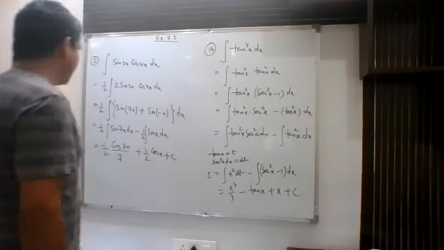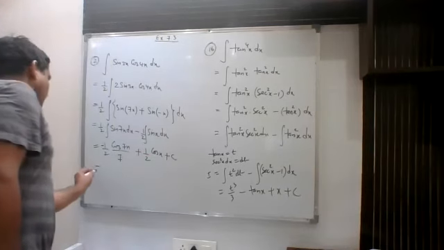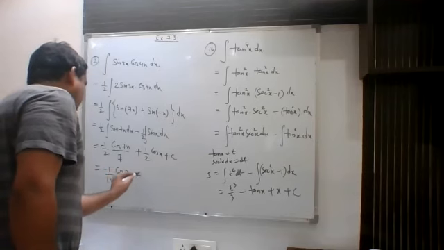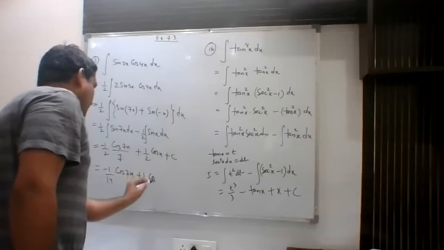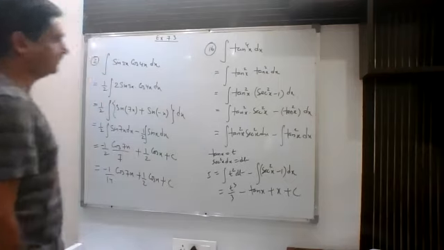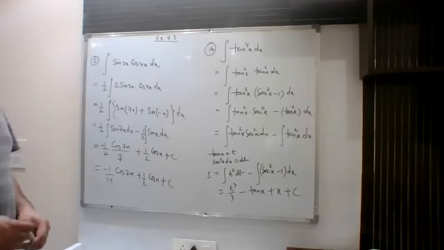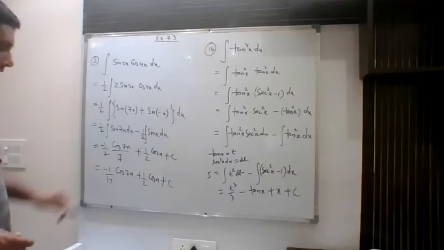So it will become positive. So this will be your final answer: minus 1 upon 14 cos 7x plus 1 upon 2 cos x plus c. This is how we can do question number 2.